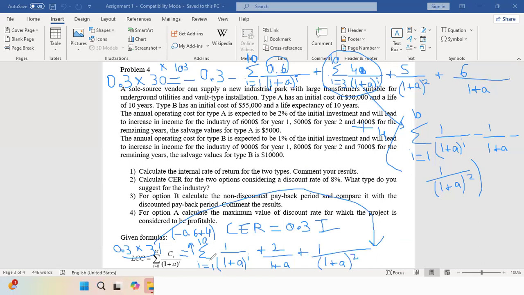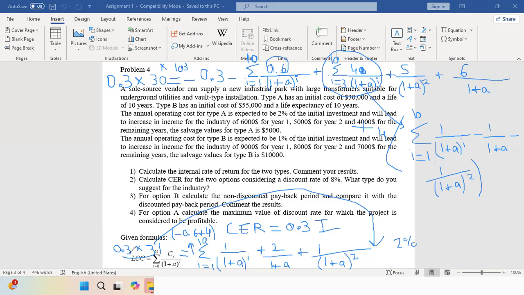The calculator will give you the value of A. If the equation was very large and you are not able to do it on the calculator, you can do trial and error. Because when you calculated the non-discounted payback period it was really large, you can expect that the maximum value of the discount rate will be really small. So you can start, for example, with 2%. You put A equal to 2%.